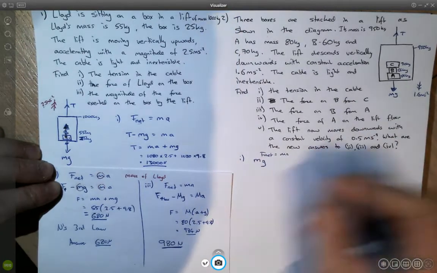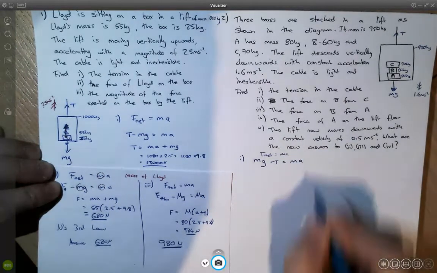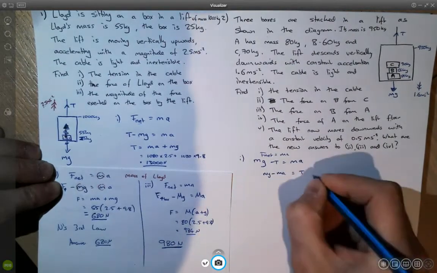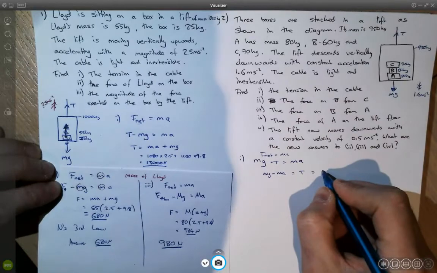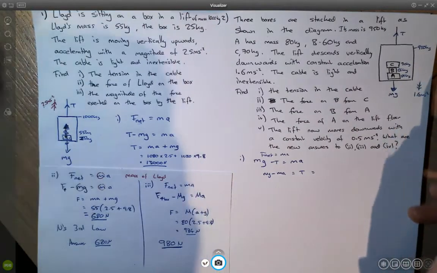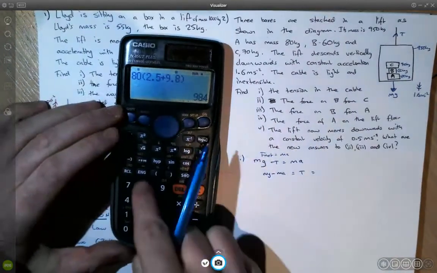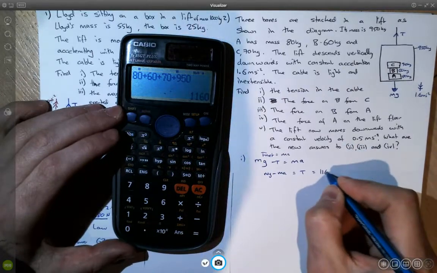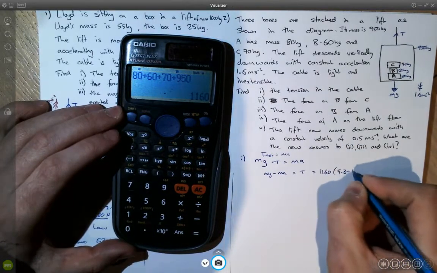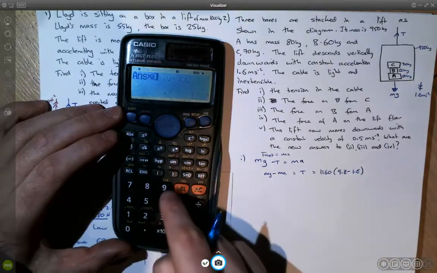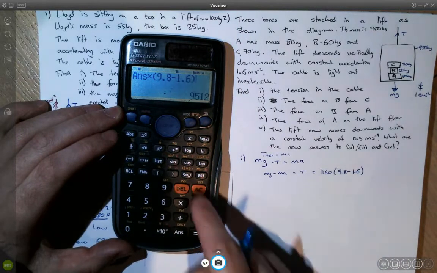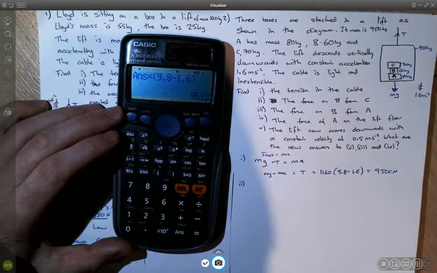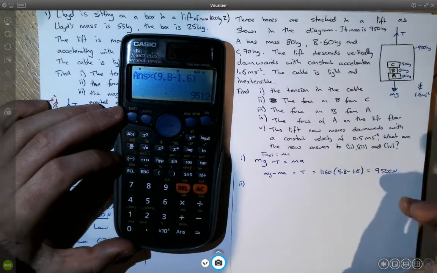So it's mg minus the tension is mass times acceleration, and therefore mg minus ma is the tension, which is going to be the mass of everything, which is 80 plus 60 plus 70 plus 950, which is 1160, and then 9.8 minus the acceleration, which is 9,500 newtons.